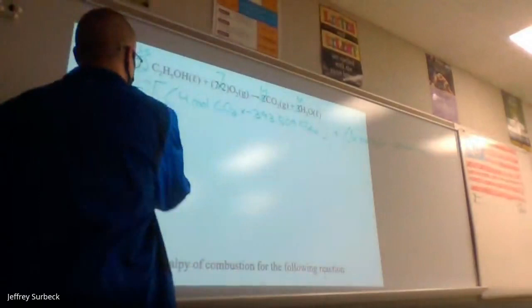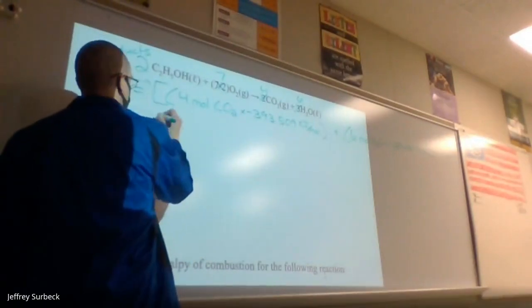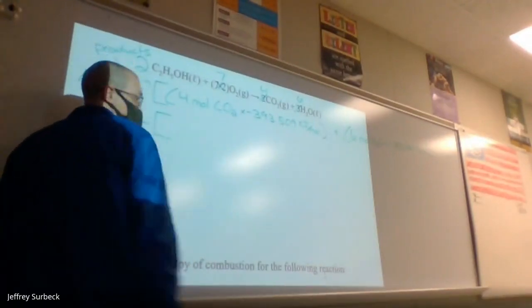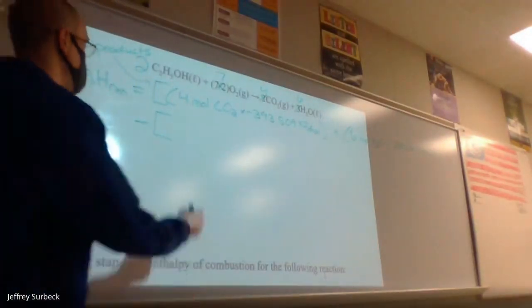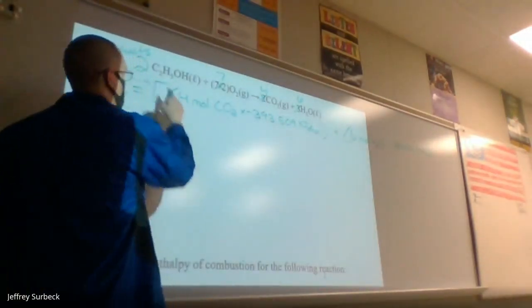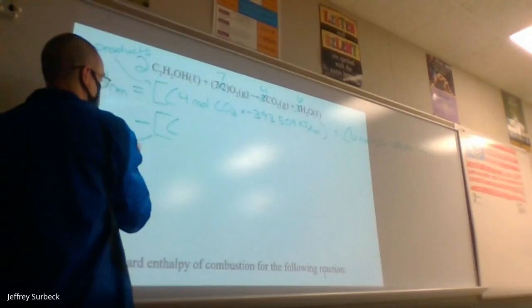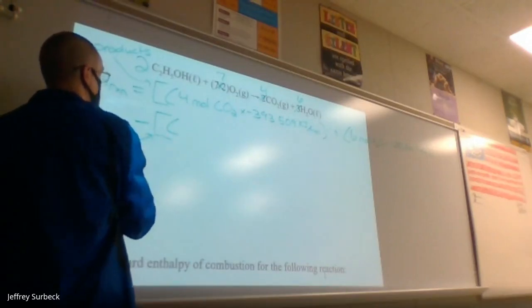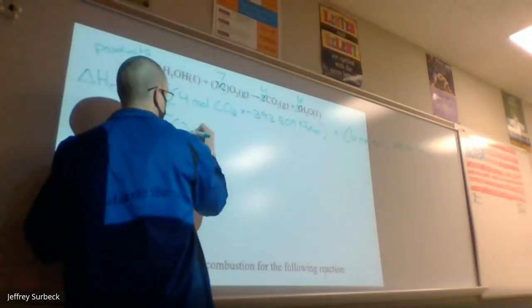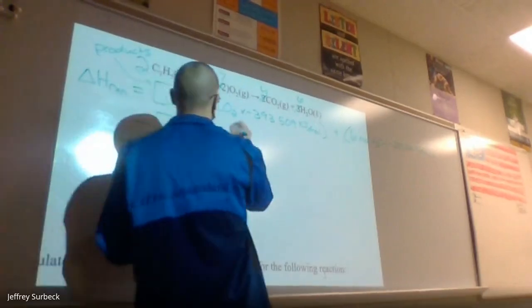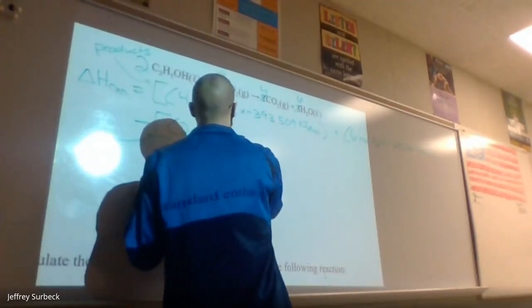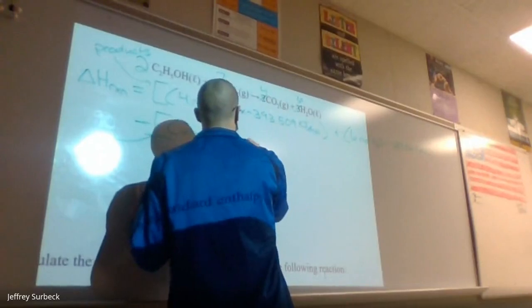So what we do here is we subtract, put another set of brackets to represent that we're dealing with our reactants. We subtract now how many moles of that ethanol? 2 moles. Now, this is not on your sheet. This is why I'm going to give you an expanded sheet here momentarily.